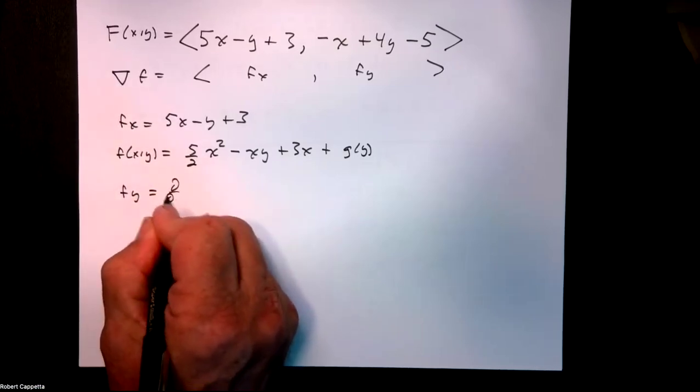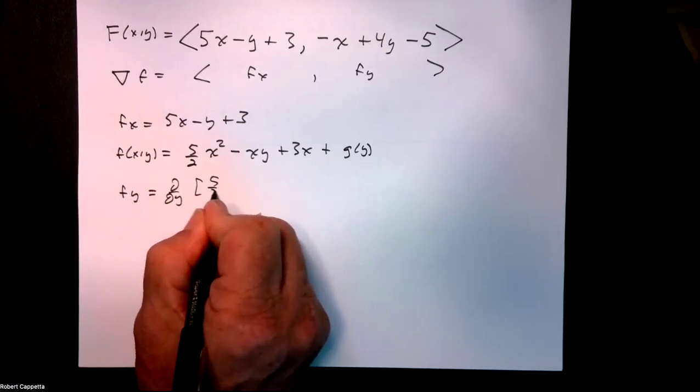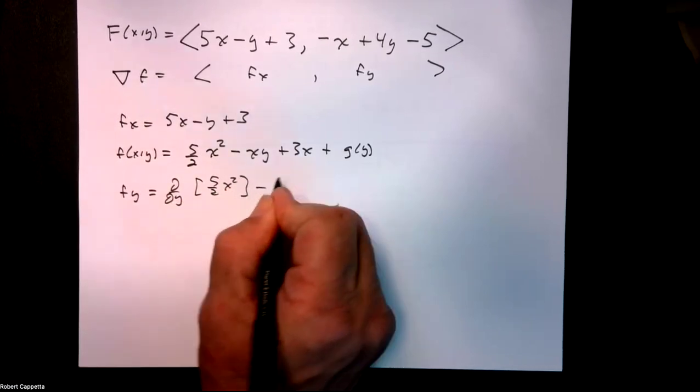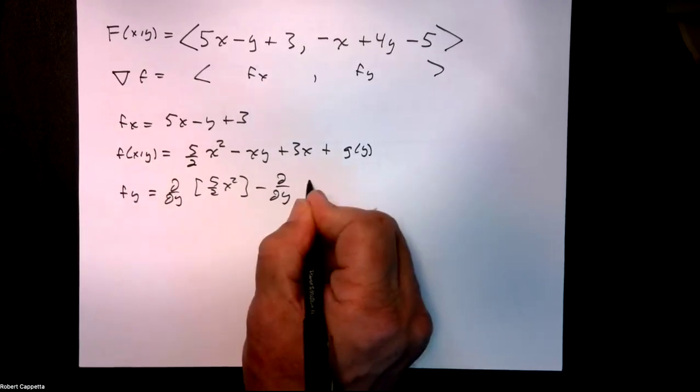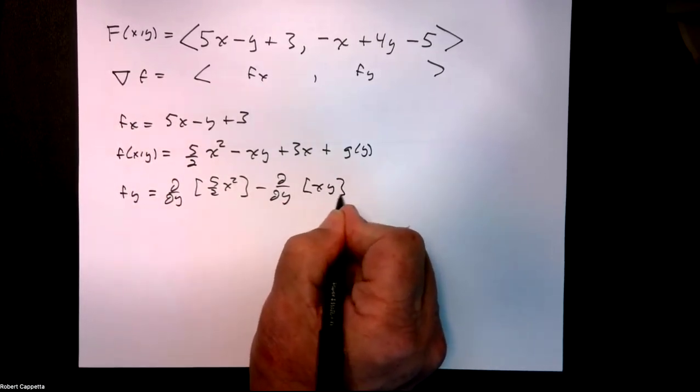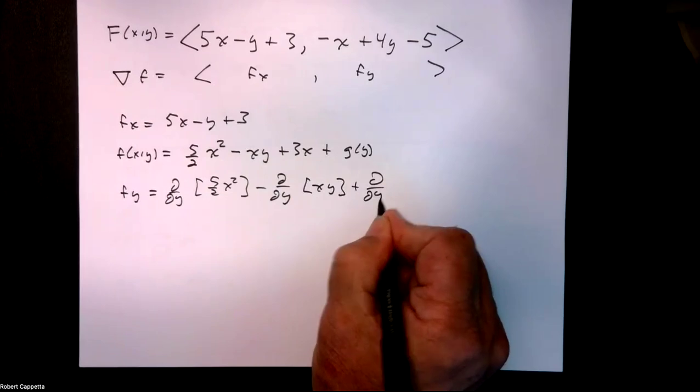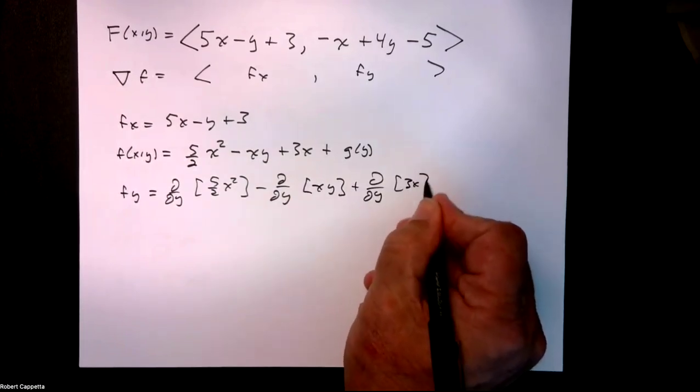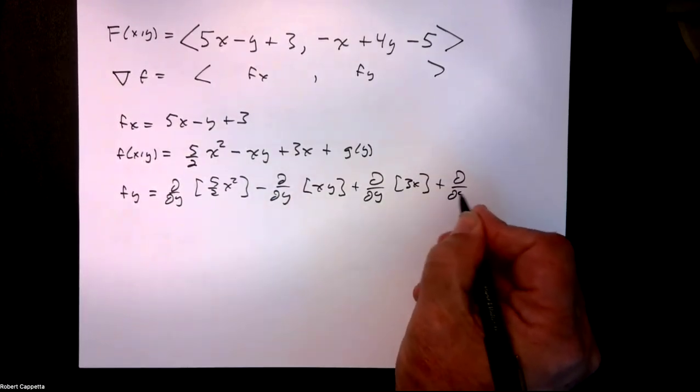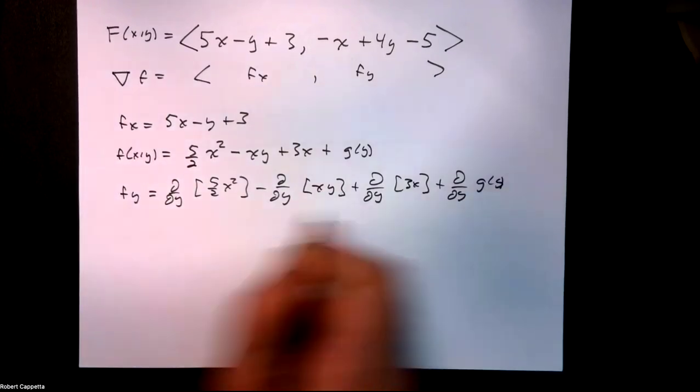Now let's go ahead and take the partial derivative with respect to y of that. So again, partial derivative with respect to y of 5 halves x squared, minus partial derivative with respect to y of xy, plus partial derivative with respect to y of 3x, plus partial derivative with respect to y of g of y.